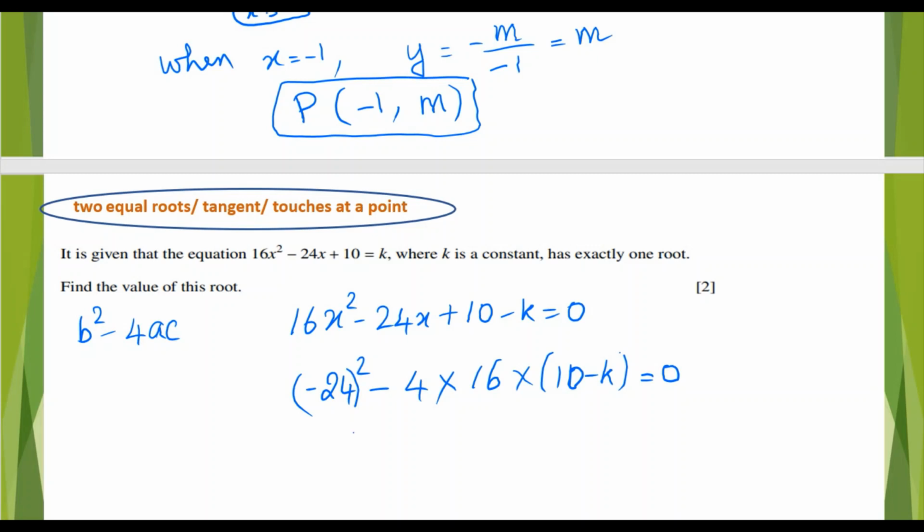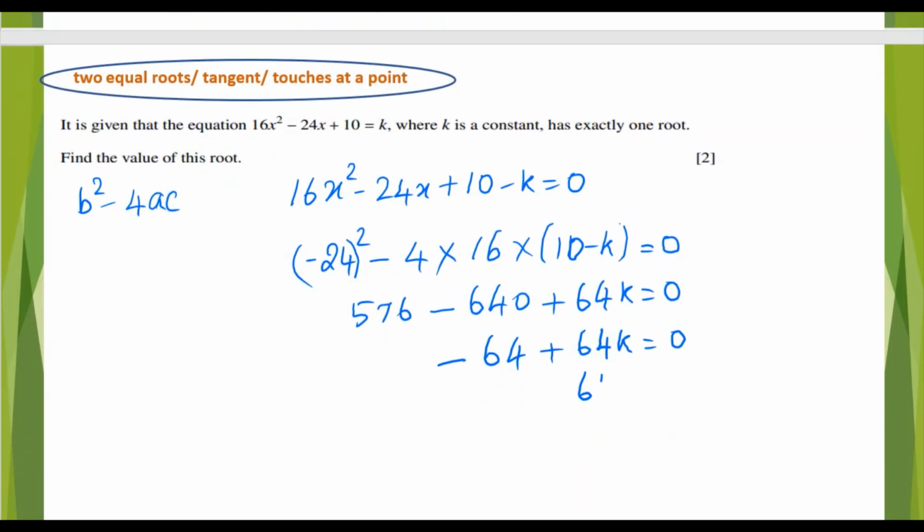24 squared is 576 minus 640 plus 64k is equal to 0. And 576 minus 640 is minus 64, plus 64k equal to 0.